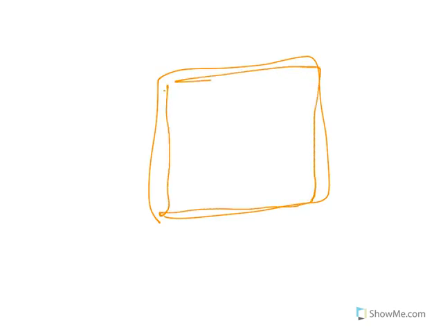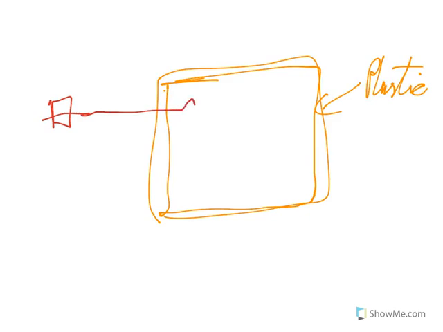Basically what we've got here is a plastic outer case, which is an insulator. So we still have our fuse, we've still got our switch, and we've still got our circuit, and then we've got it coming out.